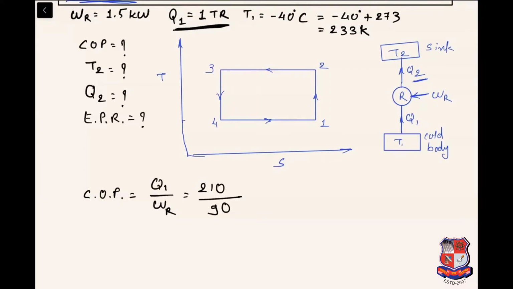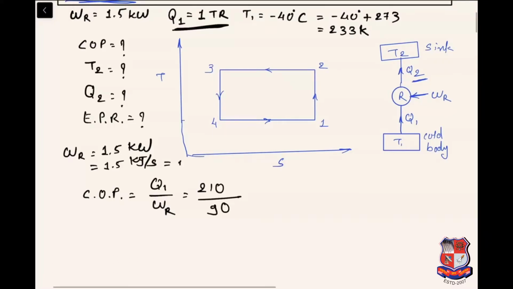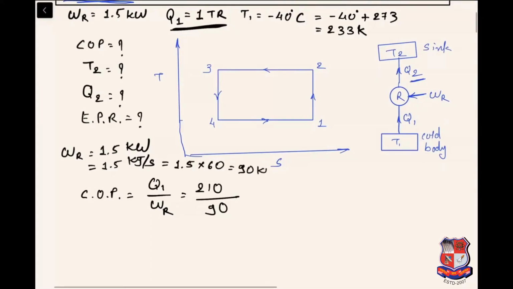So 210 divided by 90, and 90 is the work done. How? WR is equal to 1.5 kilowatt. If we convert it into kilojoule per minute, then 1.5 kilojoule per second, that is 1.5 into 60, which is 90 kilojoule per minute.